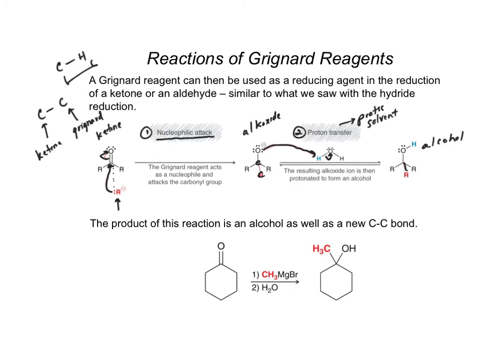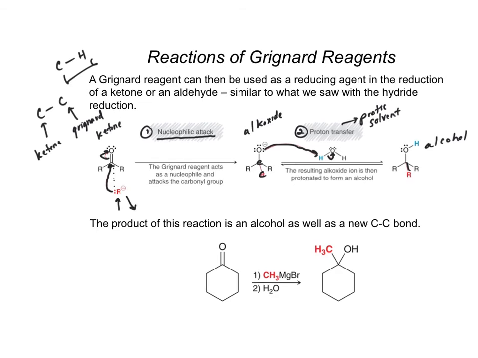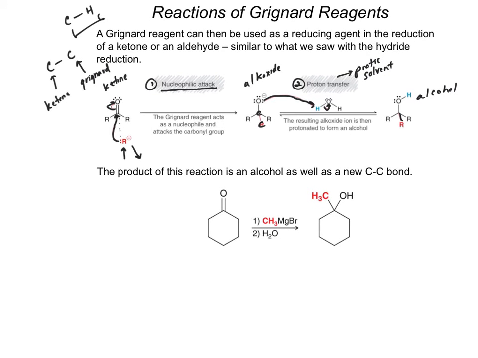Okay, so a couple things to note here. Very similar to what we saw with lithium aluminum hydride, our Grignard reagent is a very strong nucleophile, so it's very good at this reaction, but it's also a very strong base, right? So this has some consequences that we're going to need to discuss.